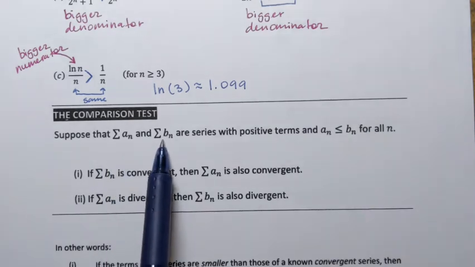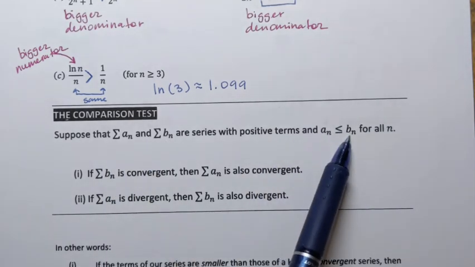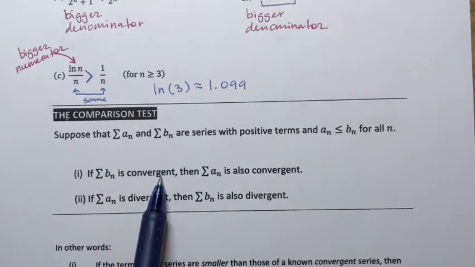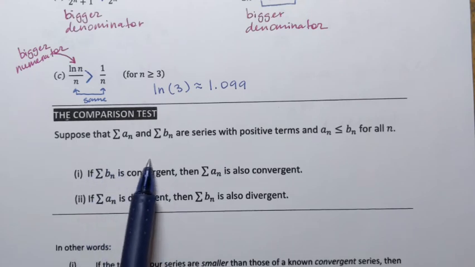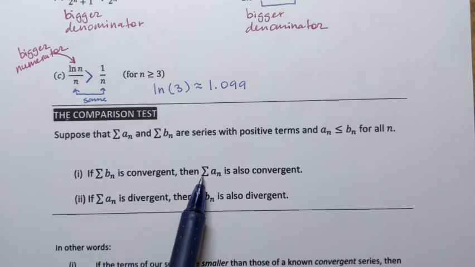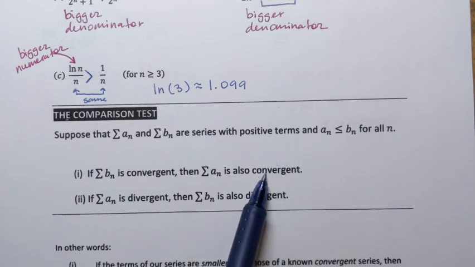If the series that involves larger terms converges, so that means that it equals a finite sum, that means that the series that has smaller terms is also convergent. If you add larger numbers together and get a finite sum, then definitely if you add smaller numbers together, you're going to get a finite sum, right? That's the idea.